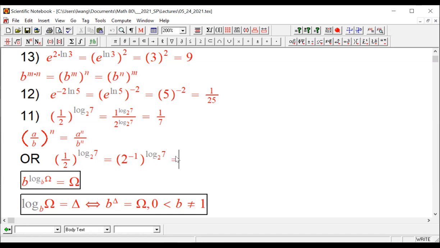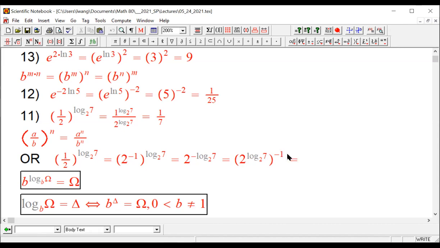And so we're going to have 2 raised to the power of, when we multiply these two, a negative log base 2 of 7. And we can use the same trick we have over there. Then we're going to have something raised to the power of -1, and over here is 2 raised to the power of log base 2 of 7.